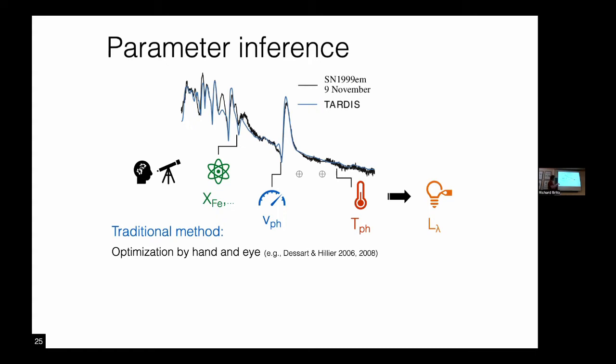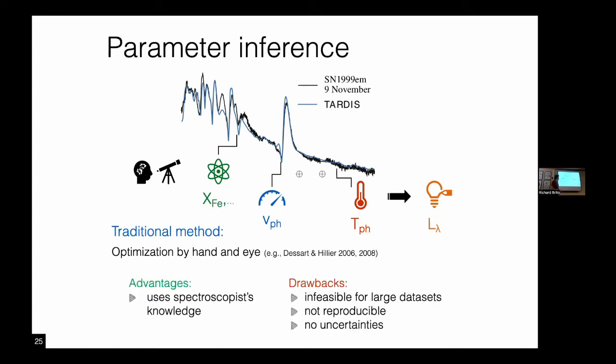You do this iteratively several times, and then from the strength of the lines you can get an estimate of the metallicity of the composition. From the position of the lines, you get the photospheric velocity. From the continuum, you get the temperature, and putting all this together, you get the luminosity.